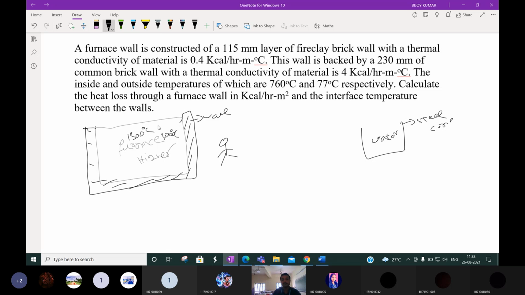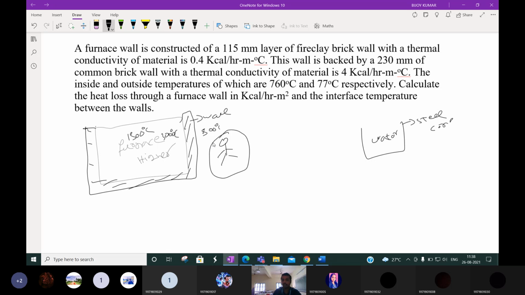Suppose the inside temperature is 1500 or 3000 degrees centigrade. The outside temperature for the person who works there will generally be higher than room temperature. Suppose the outside temperature is 500 degrees centigrade. Is this temperature suitable for the worker working there?